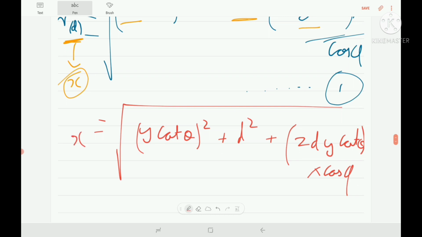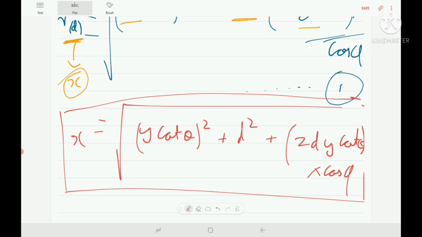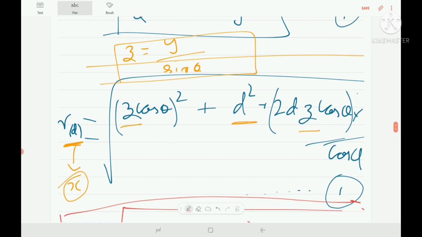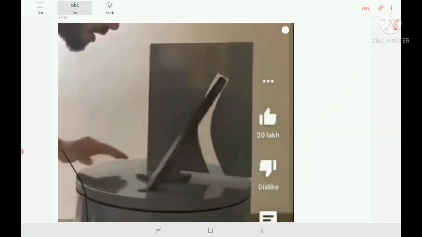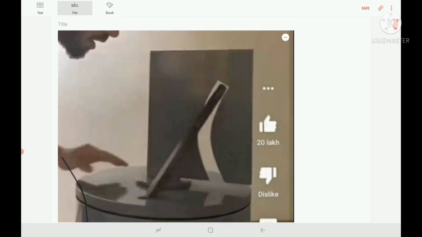Yeah, so that's it. That's the curve that we would get while the rod moves through the plane.